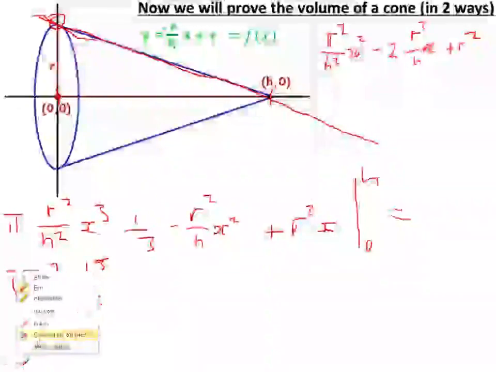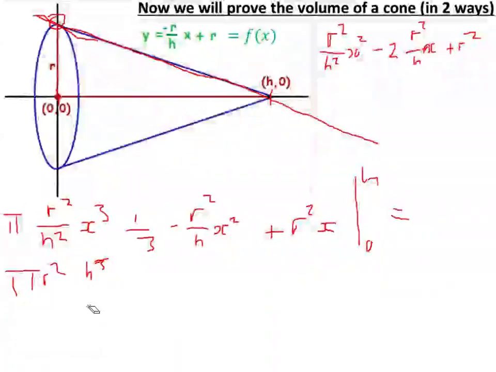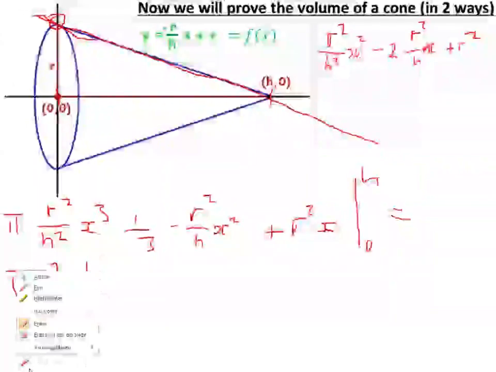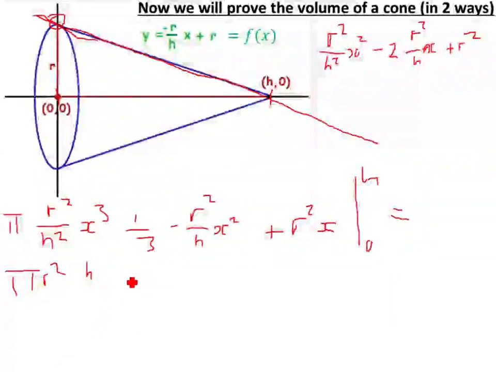So we can get rid of all this, and we're just left with pi r squared h over 3, negative r squared divided by h squared as we did before. Just get rid of this divided by h.